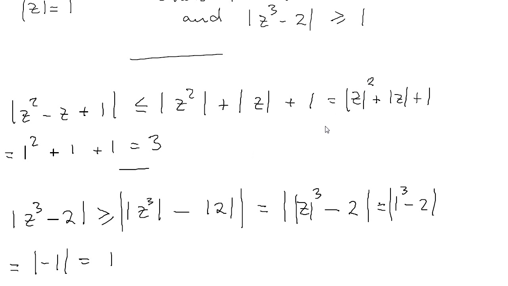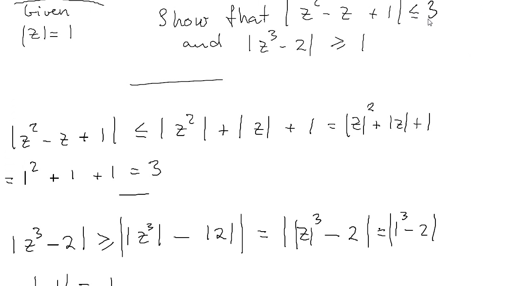And the absolute value of z was stated in the start to be equal to 1. So we have 1 here, we have 1 here, and of course we have 1 here. So we obtain that this certainly is less than or equal to 3. So now we have proved the first inequality.